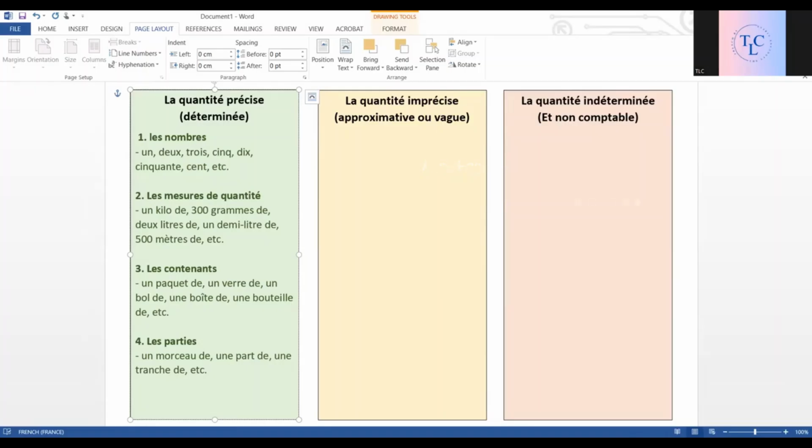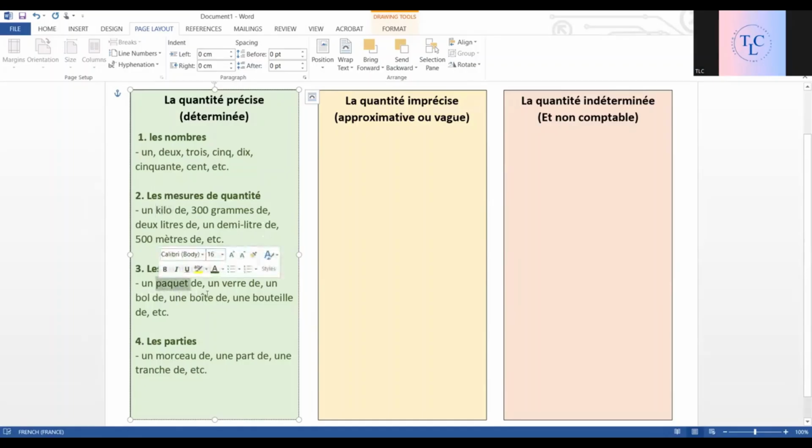So les parties. These are for la quantité précise, and you can take examples like deux tomates, two tomatoes, 50 personnes, 50 people. Then we can have 1 kilo de fruits, a kilo of fruits. Then un demi-litre de lait, half a liter of milk.